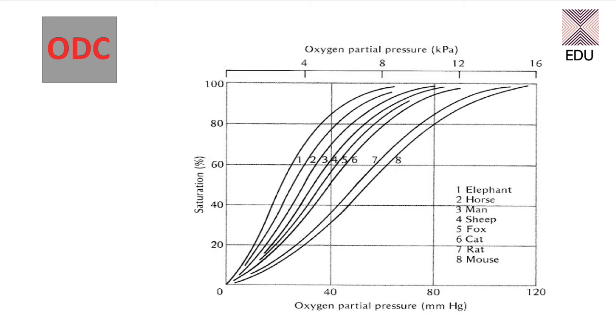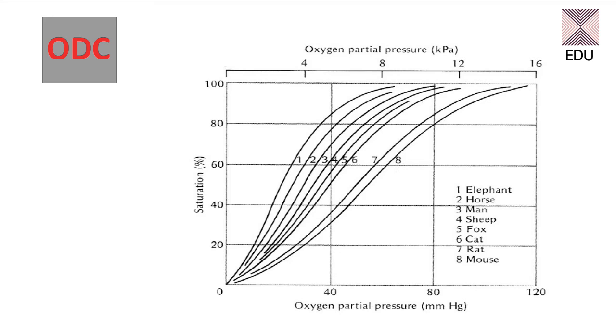If you see the first line, it ends up near 98% saturation, and this 98% saturation is achieved at about 50 or 55 mmHg of oxygen. So this is a very efficient hemoglobin in the case of elephants.